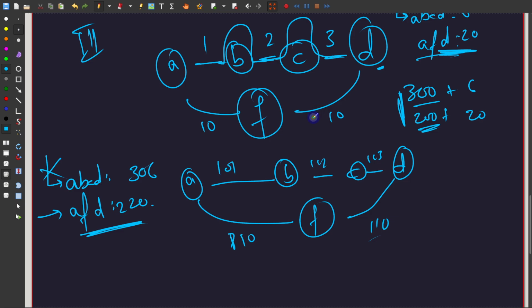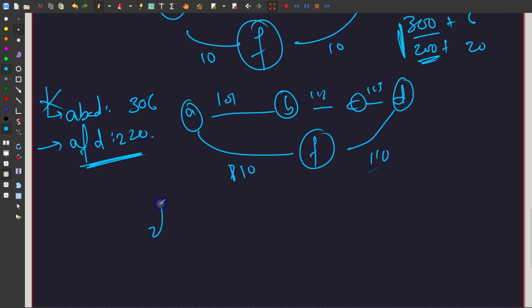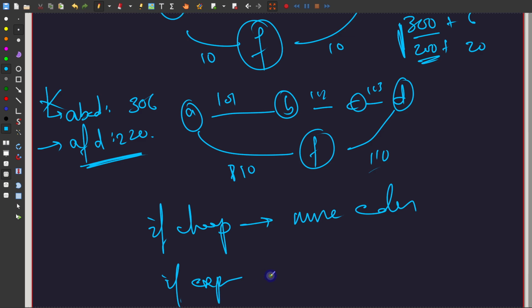As the cost increases, you start preferring paths with a lesser number of edges. If the cost is cheap, you go for more edges, and if expensive, you go for fewer edges.